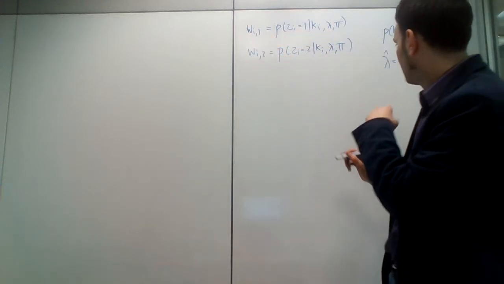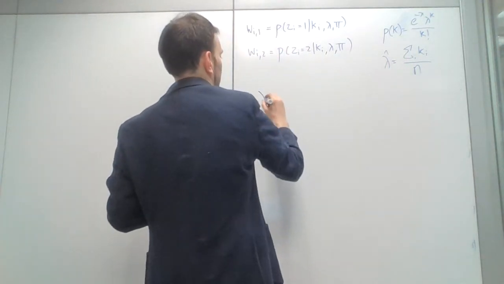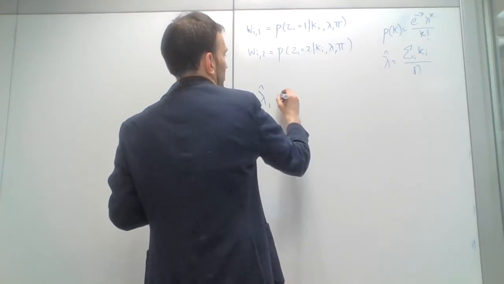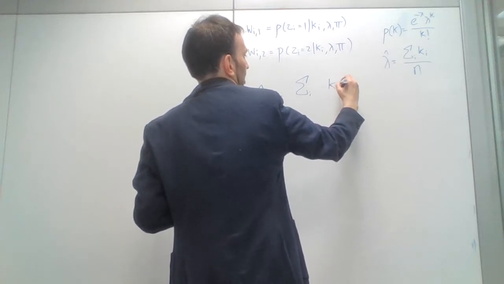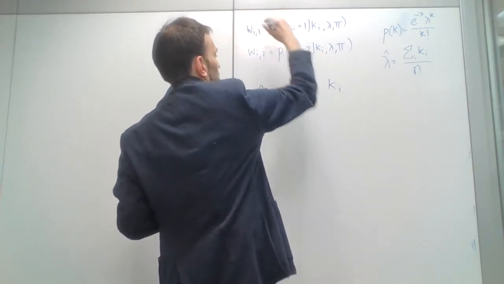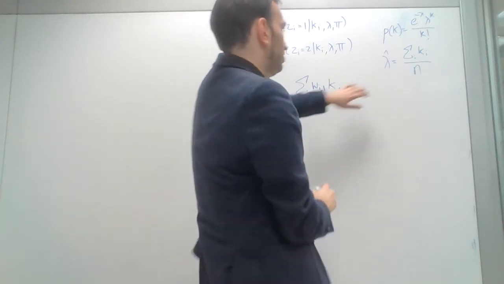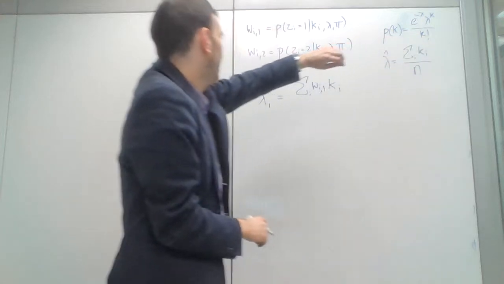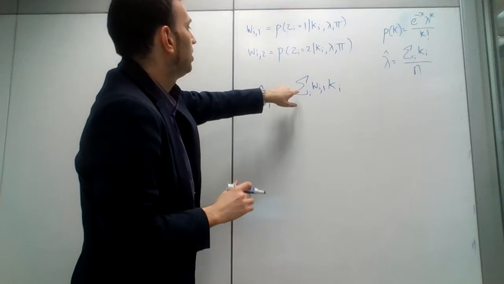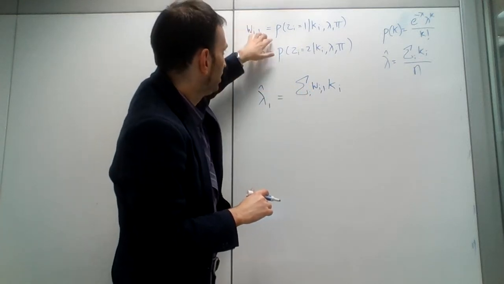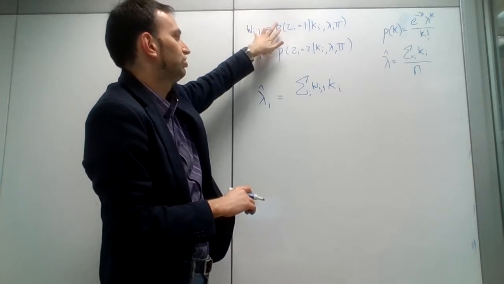So instead of saying that, lambda 1 is going to be the sum over k_i's, except the k_i's are going to be weighted by this w_i1. So instead of straight up adding the k_i's, you could say I want to take the expected sum of all the k's that belong to the first Poisson distribution.